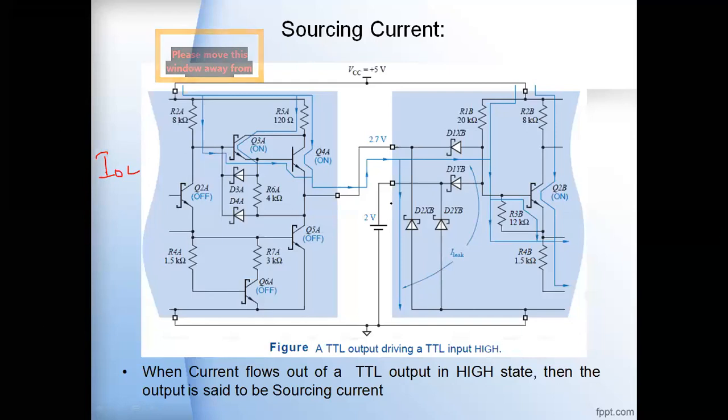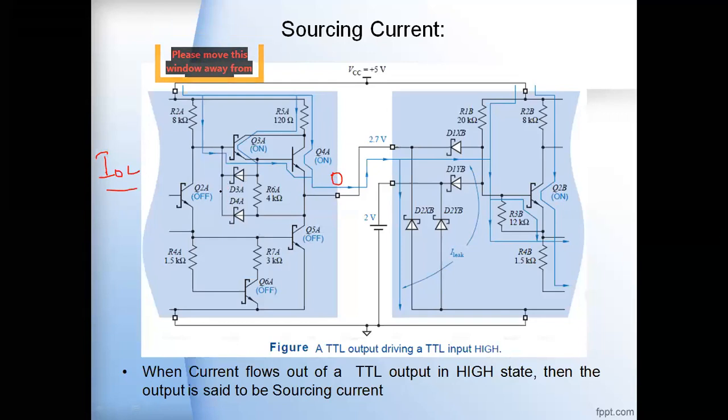When the output is in the zero state, the current can sink into the output gate. The current will sink into the output gate here. I am telling this with respect to the IOL.